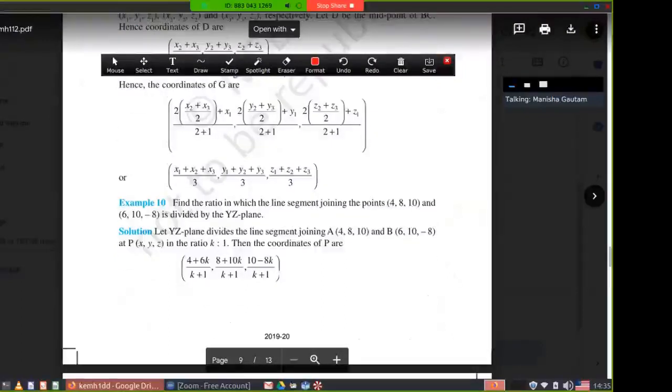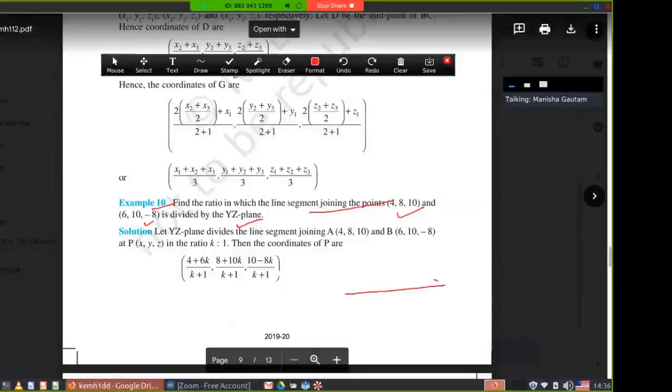Find the ratio in which the line segment joining the points 4, 8, 10 and 6, 10, -8 is divided by the YZ plane. Find the ratio. It means what?